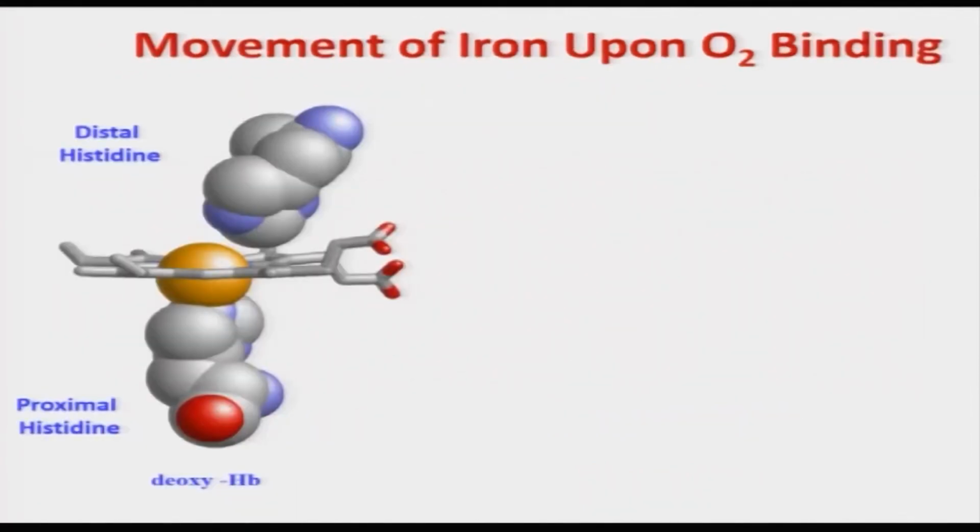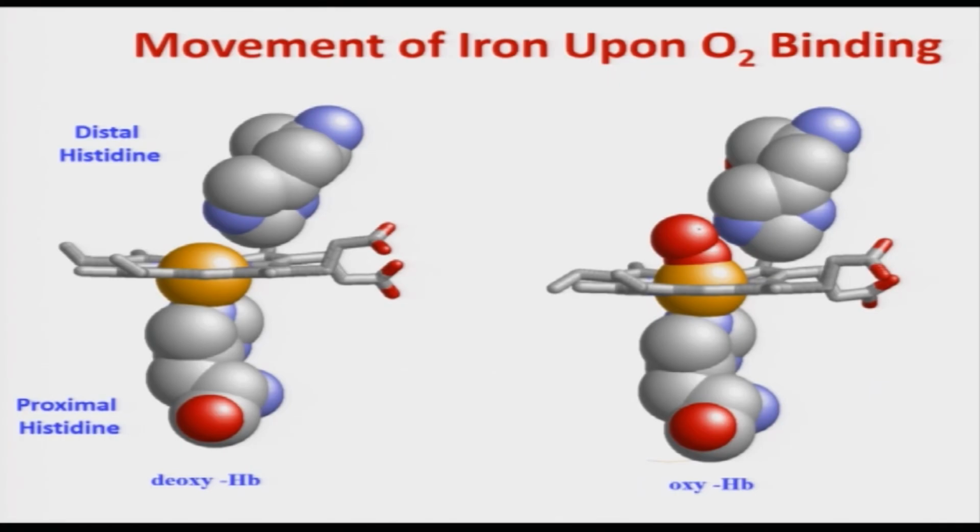As one can see this movement of iron upon dioxygen binding, in deoxy to oxy the distal histidine forces dioxygen to bind in an angular fashion. Another thing is happening, as I have already discussed: the iron center in deoxy, a 5 coordinated species which was above the mean porphyrin plane, now comes inside the porphyrin plane.